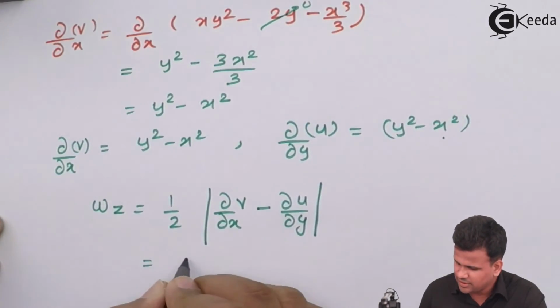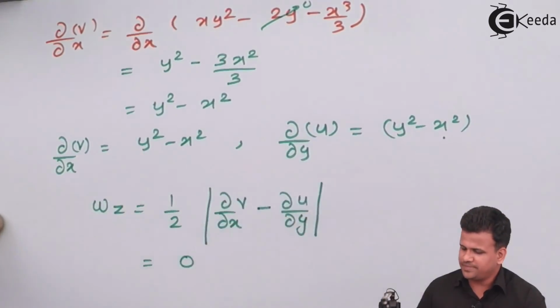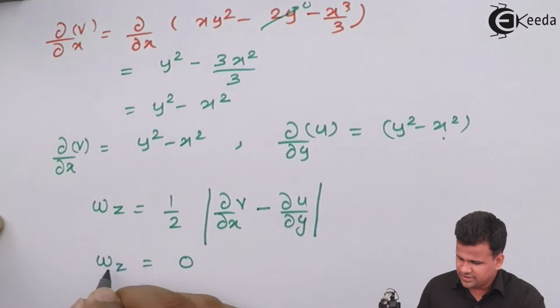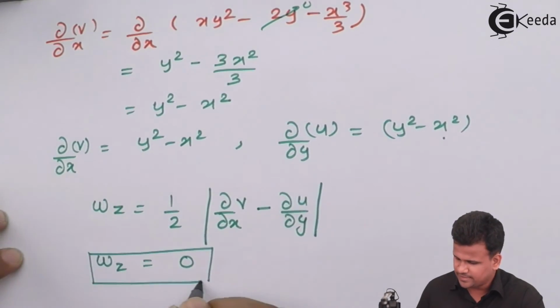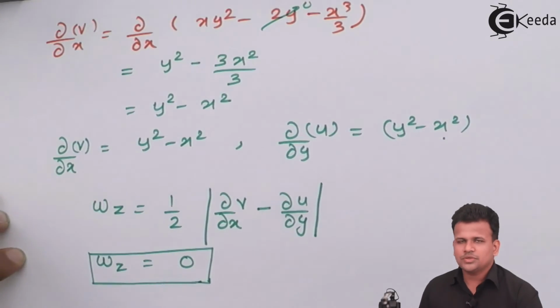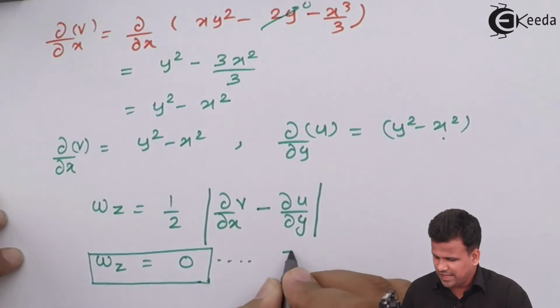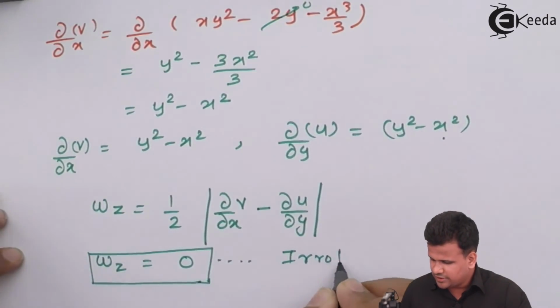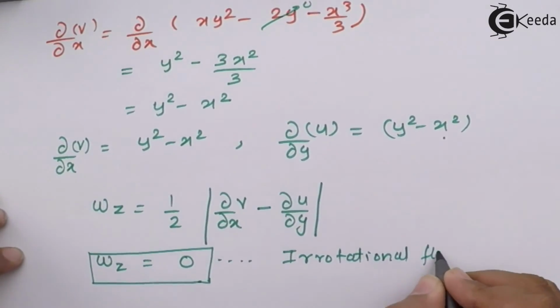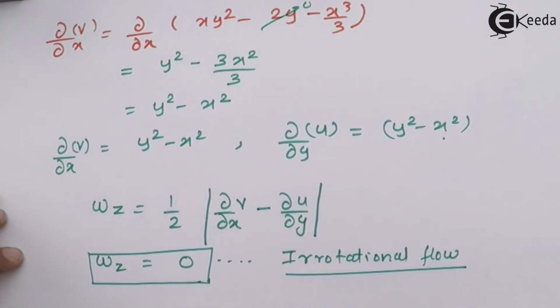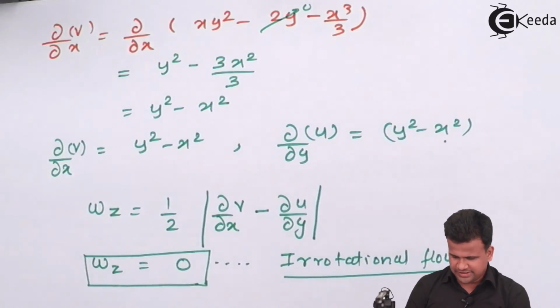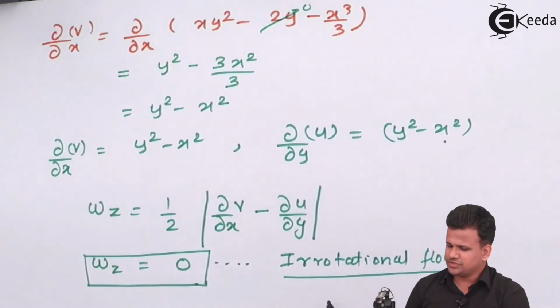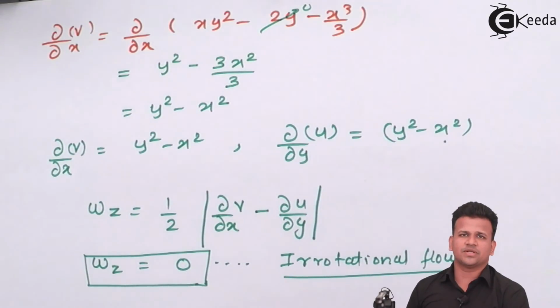This will tend to 0 when you subtract these parts. Now if this part is 0, you know that the flow is called an irrotational flow. So we have got omega z equals 0, which means it is an irrotational flow.